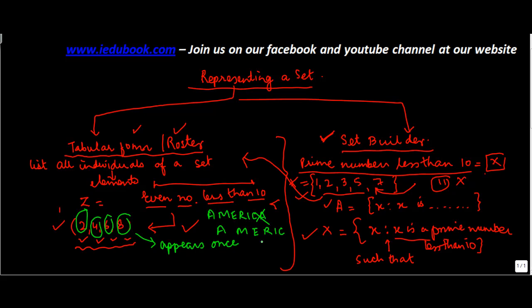You will not repeat this. Now the order in which you write these really doesn't matter. You can also write this as M-E-A-C-I-R or any other form. The order does not matter when you write it in a roster form.